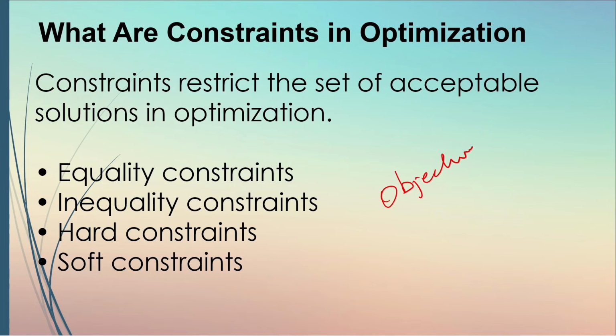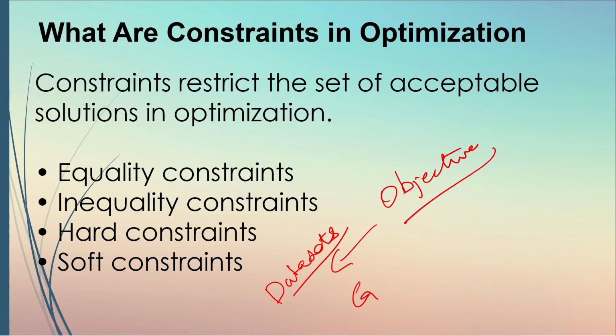Based on the objective function, you can go for either gradient or non-gradient method. If the objective function is connected with any data sets and the data set is huge, then you go for gradient search. If the data set is not a matter and the objective function is very complex and multimodal, then you go for non-gradient search.